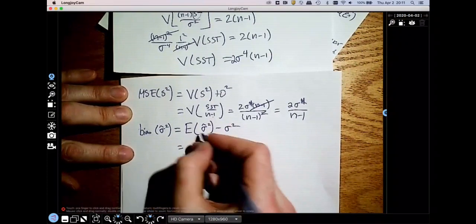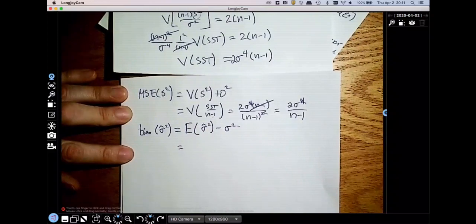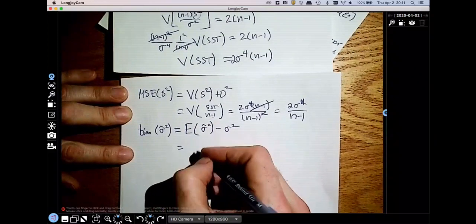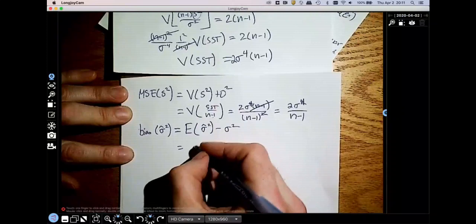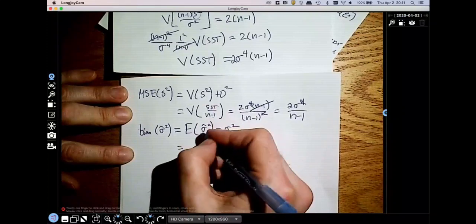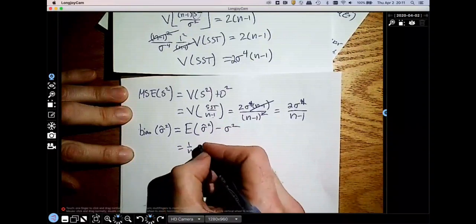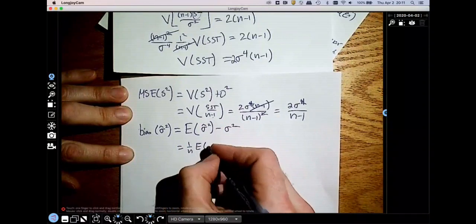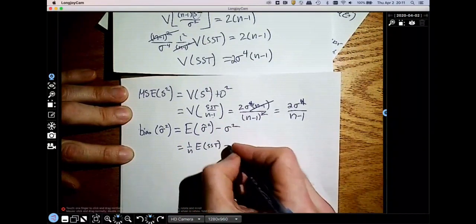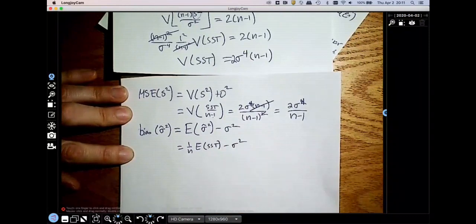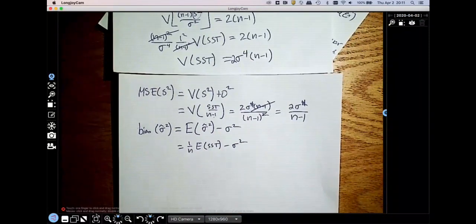So what is the expected value of sigma hat squared? This is SST over n, so 1 over n times the expected value of SST minus sigma squared. So what is the expected value of SST?